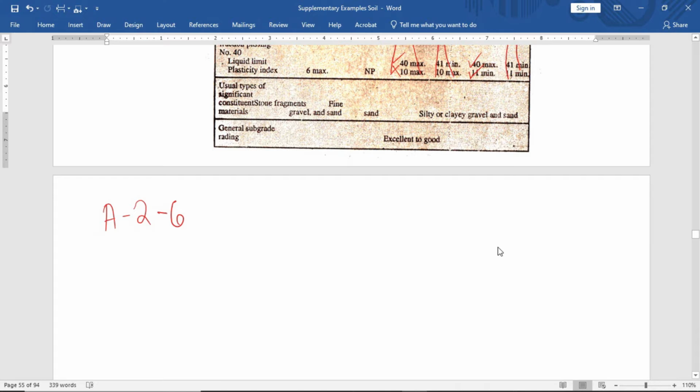Pagkatapos niyan, syempre, kukunin natin yung group index.